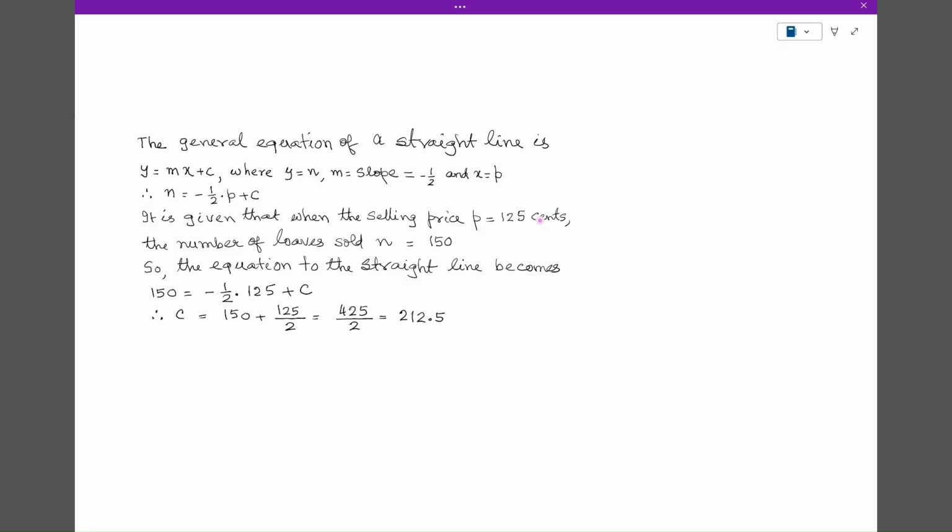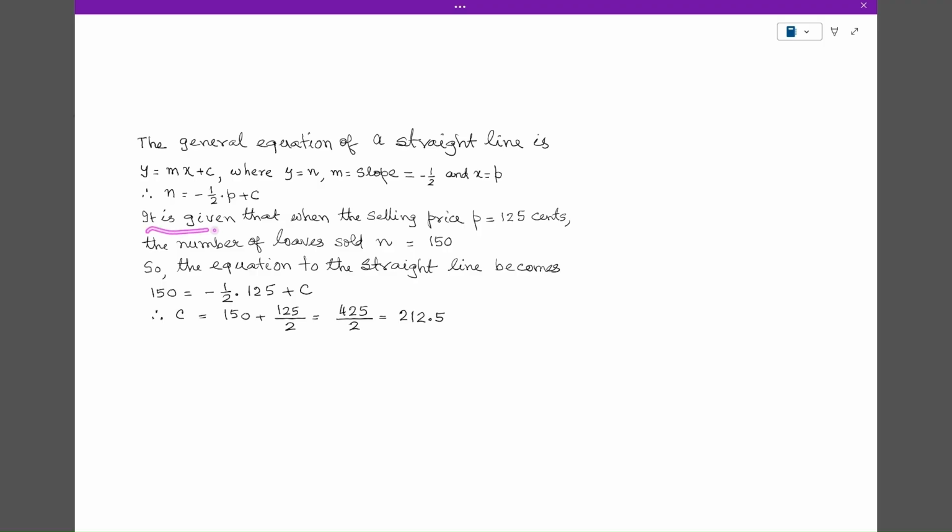Therefore, the equation to the straight line AB will be n equals minus half into p plus c, where c is a constant.